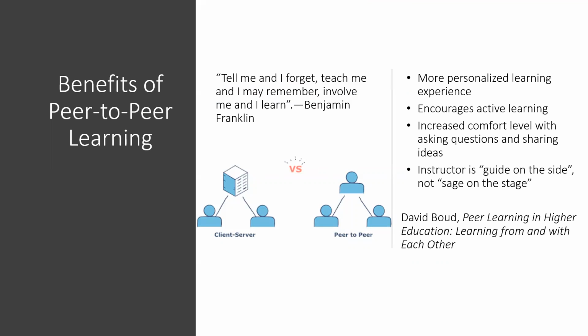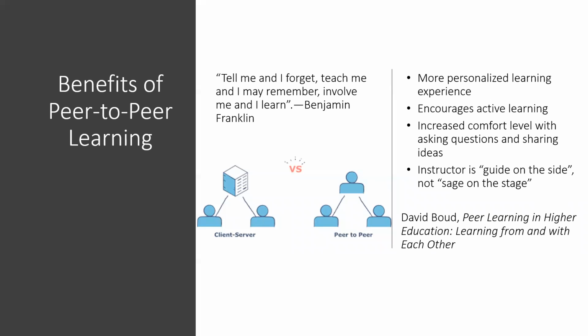So really quickly, the benefits of peer-to-peer learning. We all know this personally, the benefits of learning from your peers. It's much more personalized and you're a lot more comfortable asking questions in situations where you're actually learning from your peers. Peer-to-peer learning really does encourage active learning.